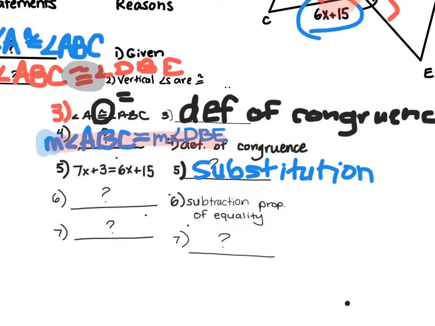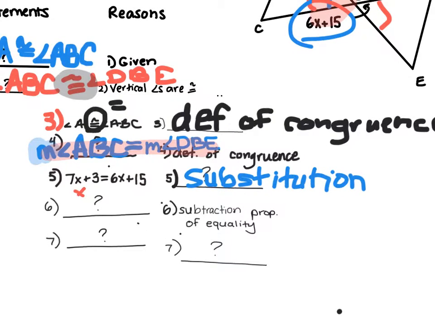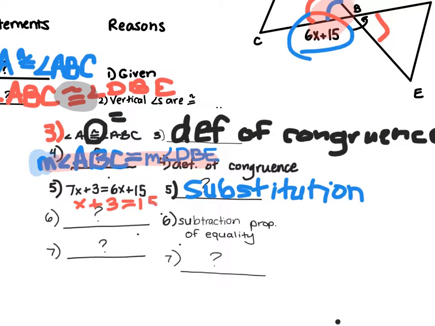Okay, then 6 says subtraction of equality. What do we think happened there? What would have been subtracted? The 3. The 6. You can actually have two answers there, right? I could either subtract the 6x or subtract the 3. Either works. So x plus 3 would equal 15, or I could do 7x equals 6x plus 12.